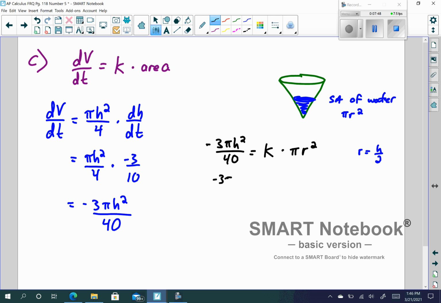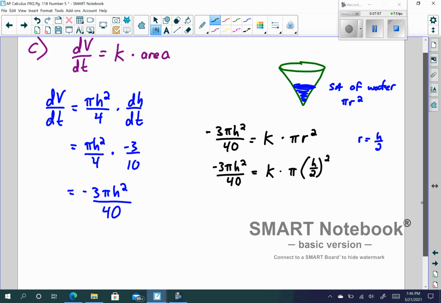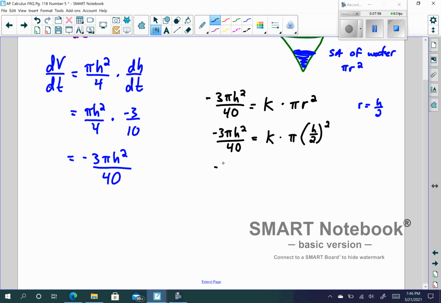So we're going to get -3 pi h squared over 40 is equal to k times pi times h over 2 squared. So we get -3 pi h squared over 40 is equal to, I'll show it this way, pi times h squared over 4 times k. So now we could just multiply both sides by 4 times pi over h squared.